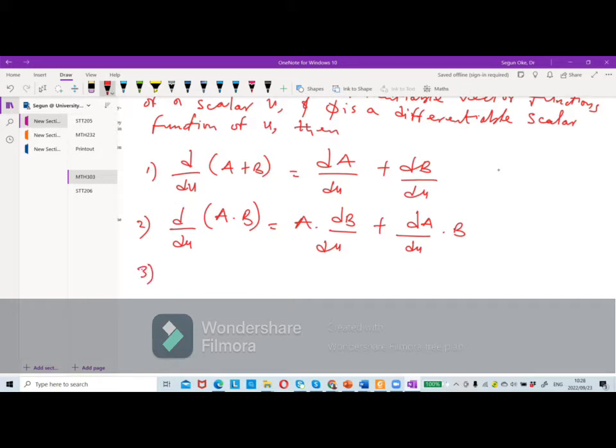Yes, sir. Number three, when we have d/du of A cross B, this is cross, this is not multiplication, it is the same thing as A cross dB/du plus dA/du cross B.